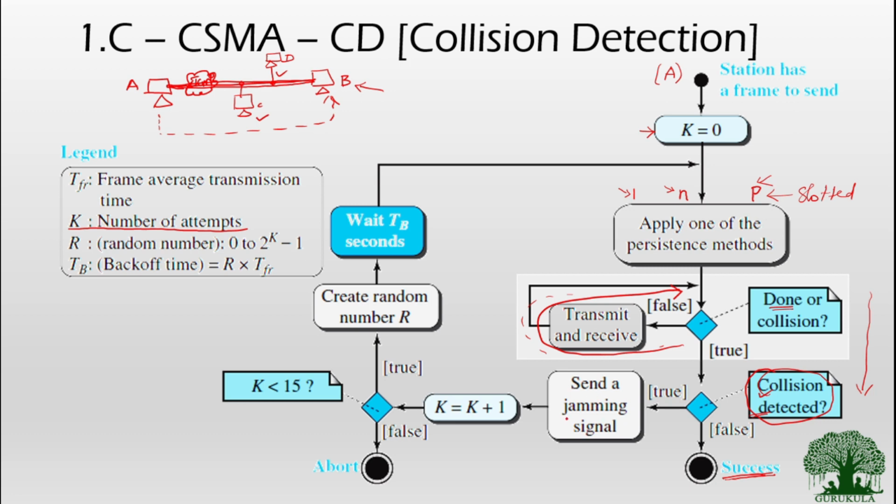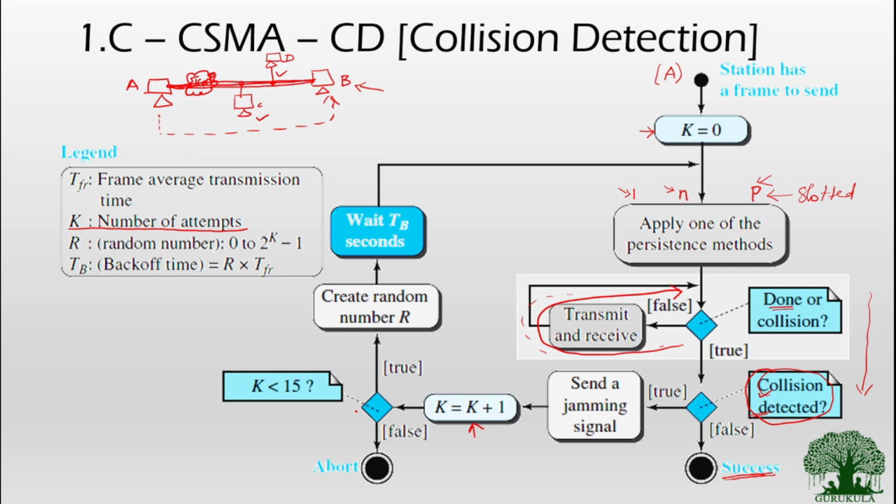Once the jamming signal is sent, the next immediate step is that the value of K will be incremented by 1. You might remember that before sending any frame, the K value is initialized to 0. After the first attempt, K is incremented to 1. After incrementing, the K value has to be checked to see whether it has reached the maximum threshold.